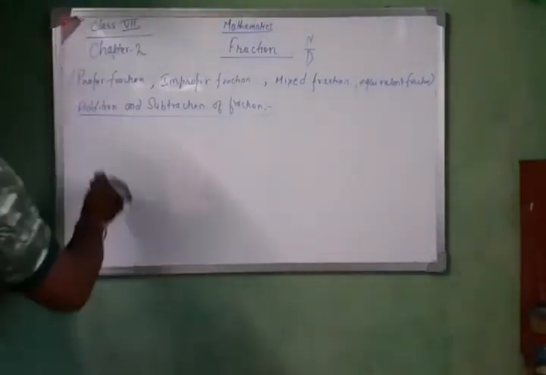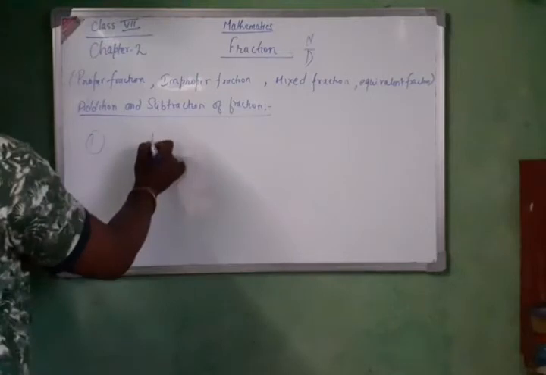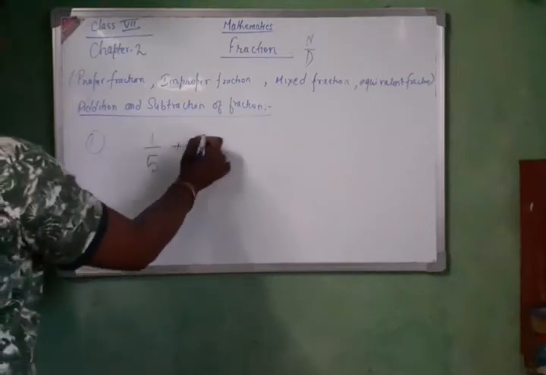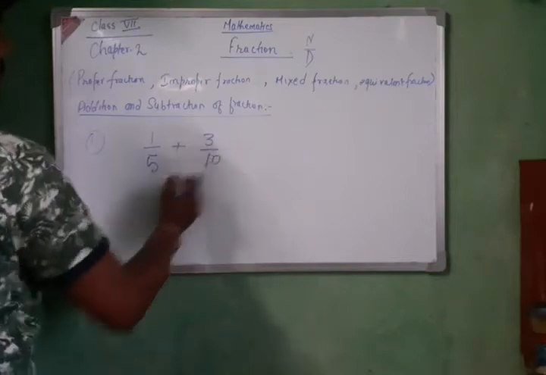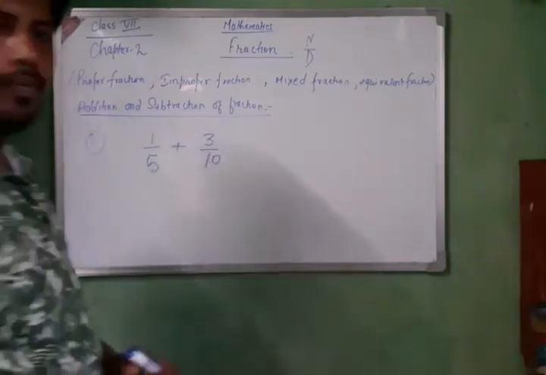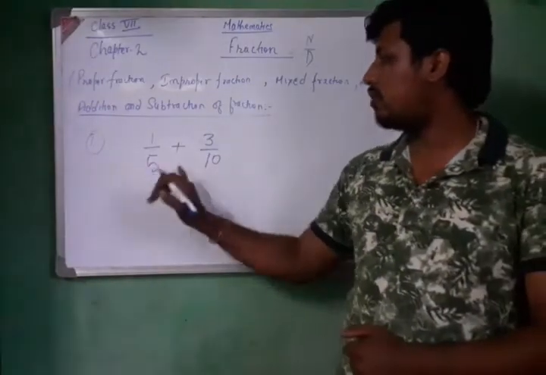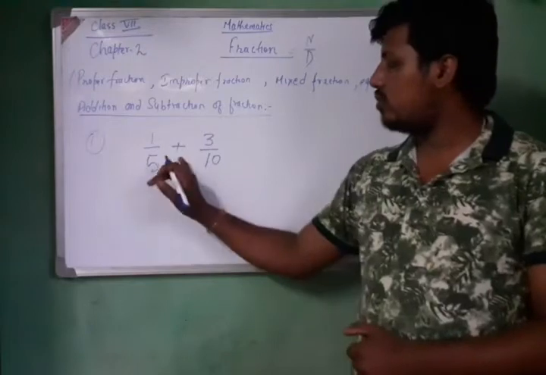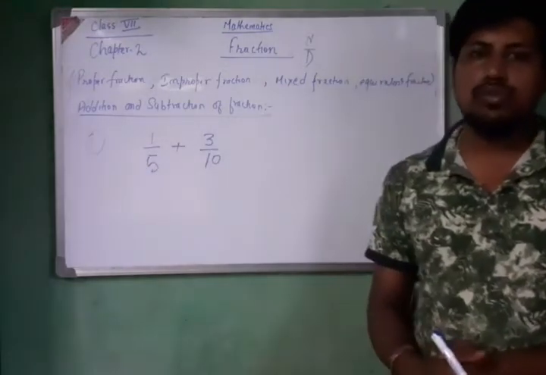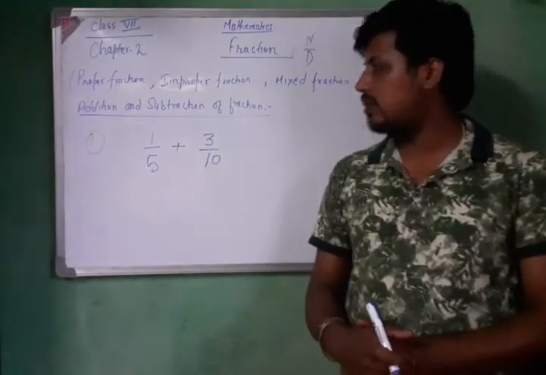If I take an example of two fractions, I can take 1 by 5 plus 3 by 10. So there are two fractions, 1 by 5 and 3 by 10, and we have to add these two fractions.